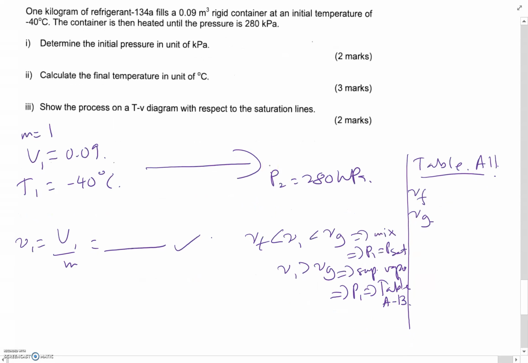Calculate the final temperature. Volume is constant because this is a rigid container, so actually V2 equals V1. When you have the value of V2, you have P2.